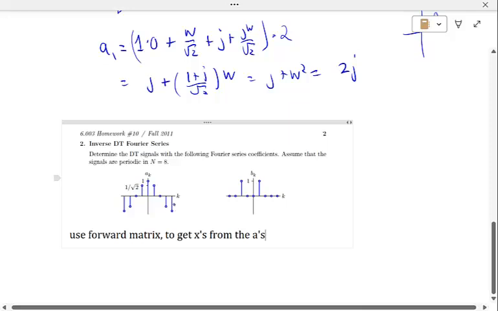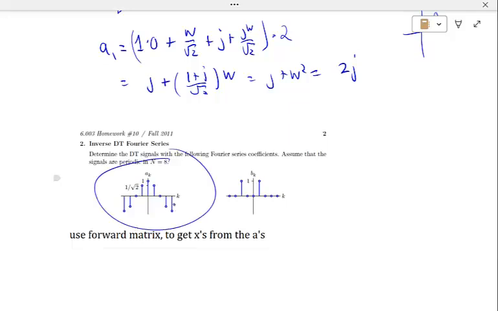All right. So in this first case here, you can see I have A0 equals 1. Then A1 is 1 over square root of 2. Then A2 is 0. Then A3 is minus 1 over square root of 2.